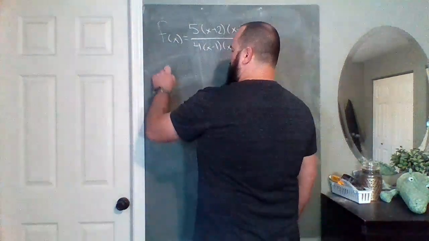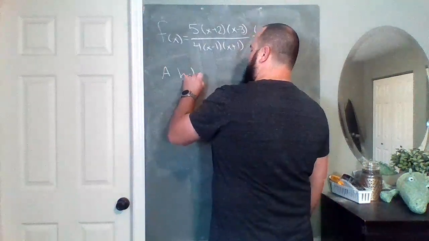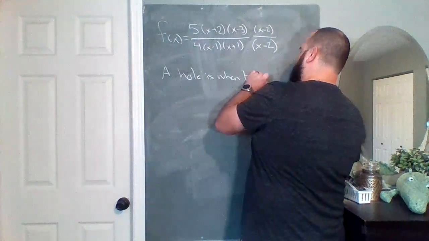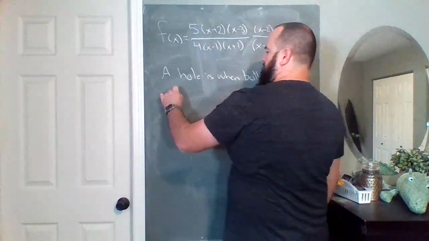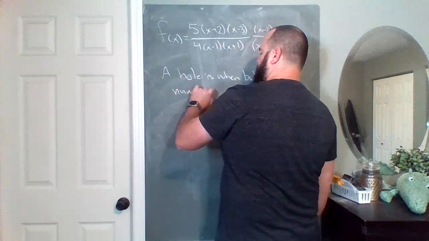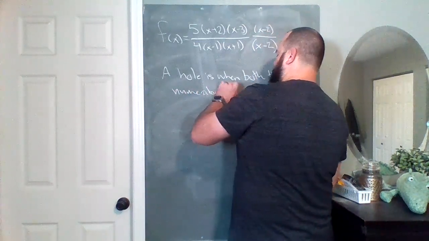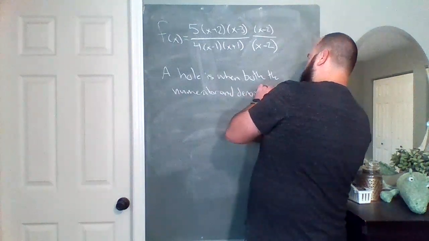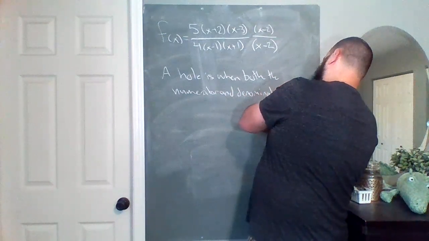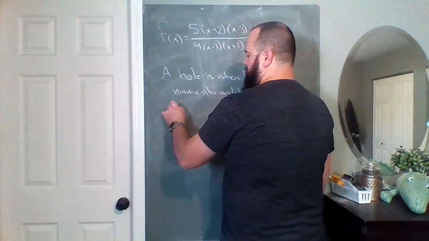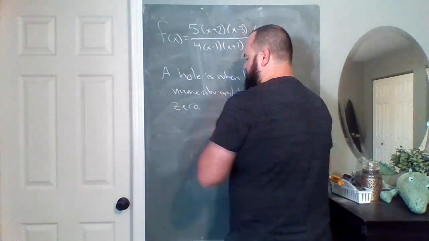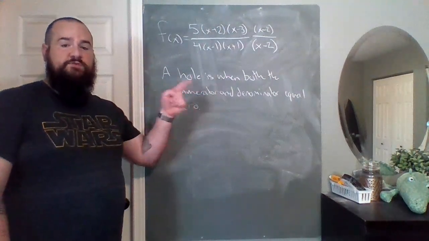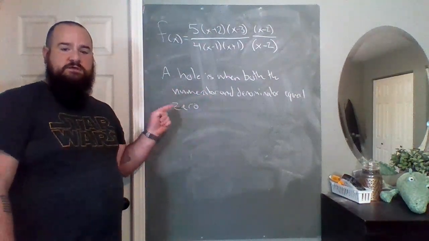So a hole is when both the numerator and denominator equal 0.